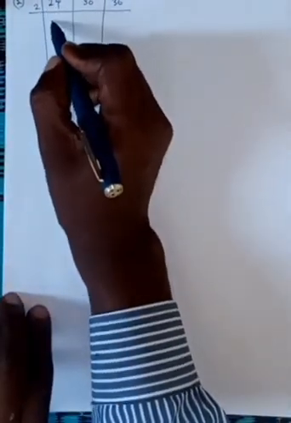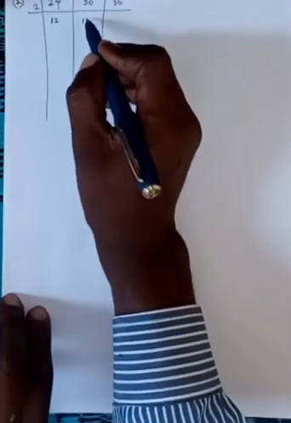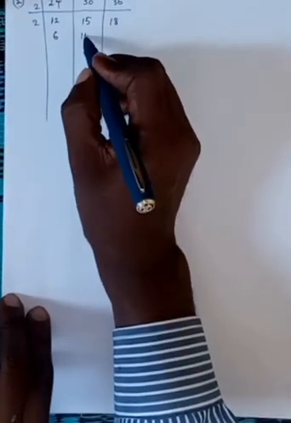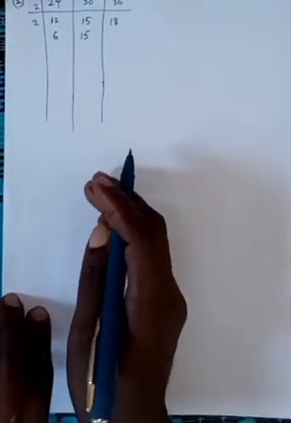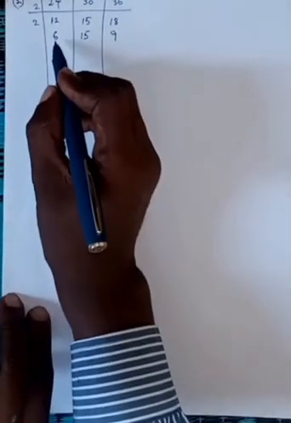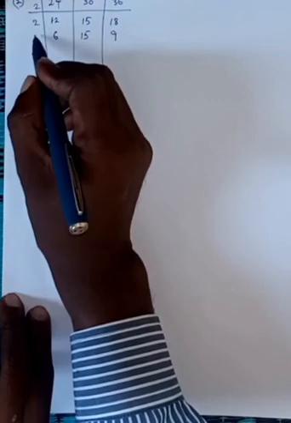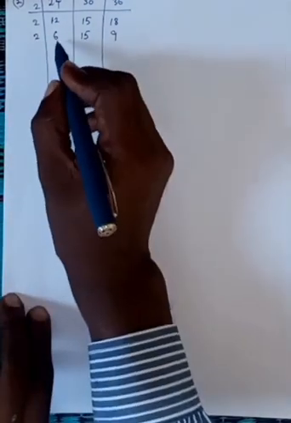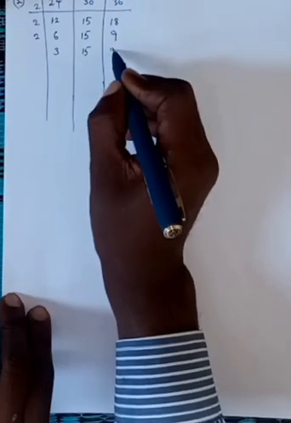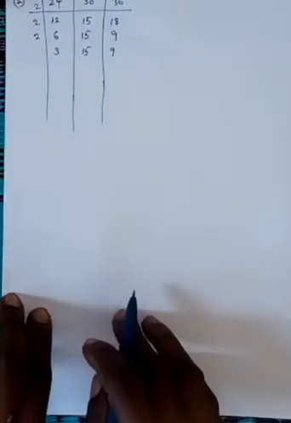Now 2 in 24 gives 12. 2 in 30 is 15. 2 in 36 is 18. 2 in 12 gives 6. Since 2 cannot divide 15, we write it as 15. 2 in 18 gives 9. 2 can still divide 6 but can't divide the others, so we settle that case first. 2 in 6 gives 3. Since it can't divide 15 or 9, we write them the way they are.